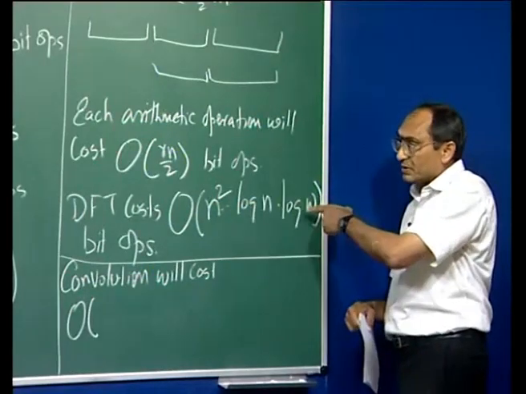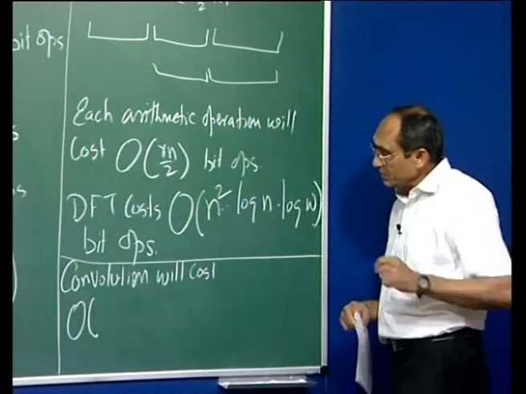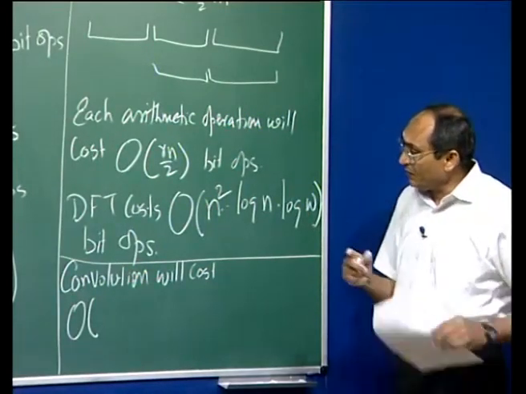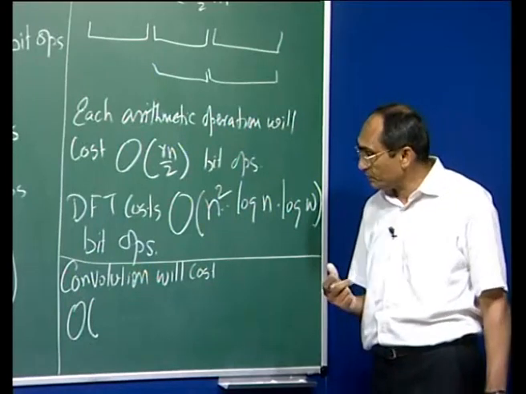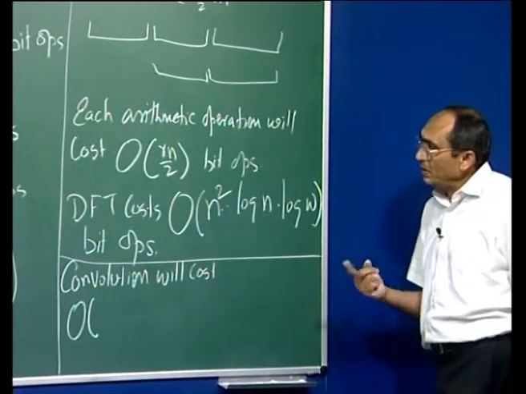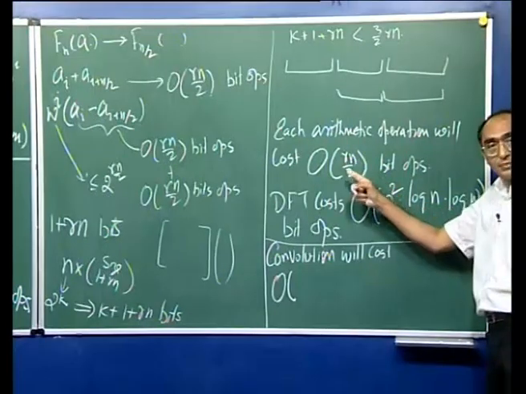So, this will be the cost of all the 3 DFT operations. Now, in addition to that, we have to add the cost of m multiplications of numbers of size Rn by 2 bits.